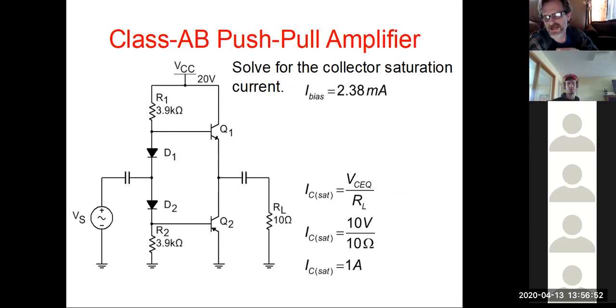So we have to decide what our saturation is going to be, because we're not in saturation, but we are operating really close to this thing's extremes. So, knowing what our bias current is on the outside, now we decide what our saturation for IC is going to be.